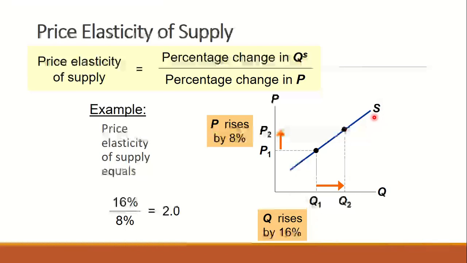If you are getting more money, you are going to supply more to gain more. By putting these values in this formula, the percentage change in quantity supplied is 16% over the percentage change in price, that is 8%. So 16% divided by 8% is equal to 2.0. So the price elasticity of supply is 2 in this case.